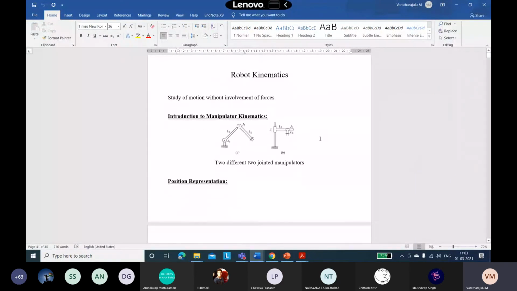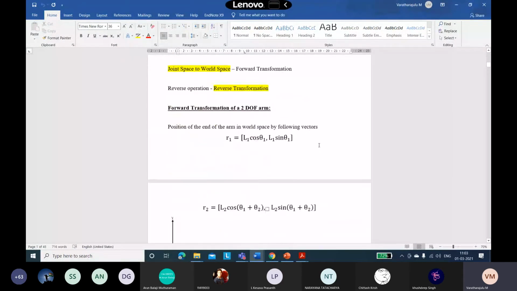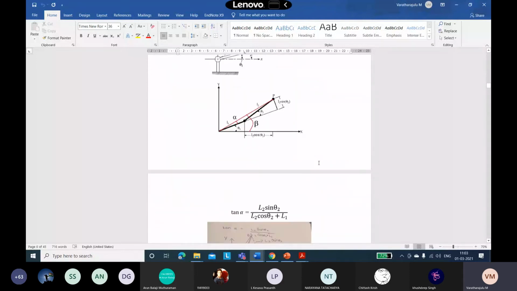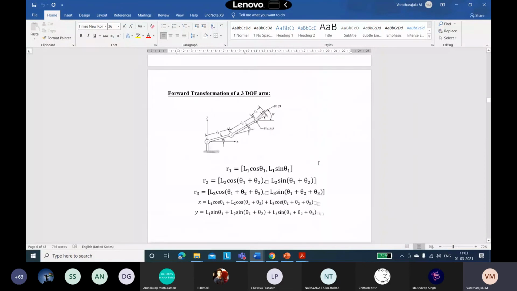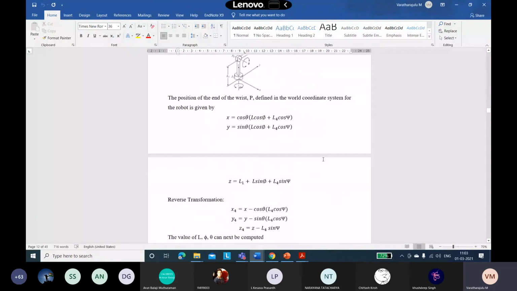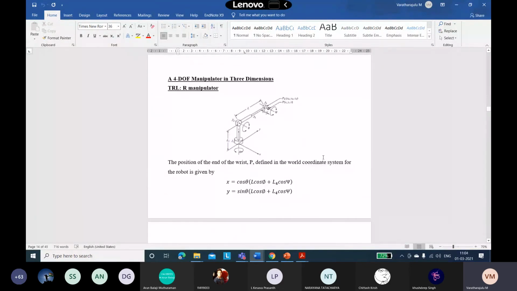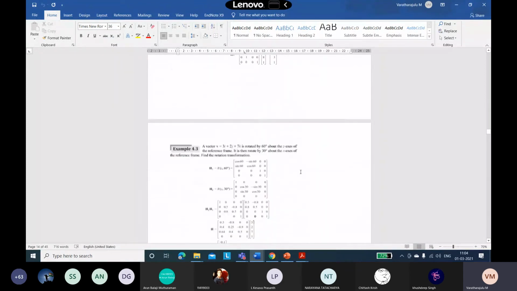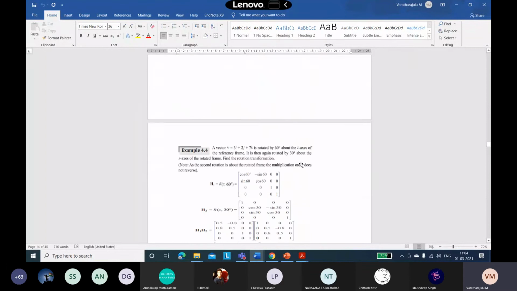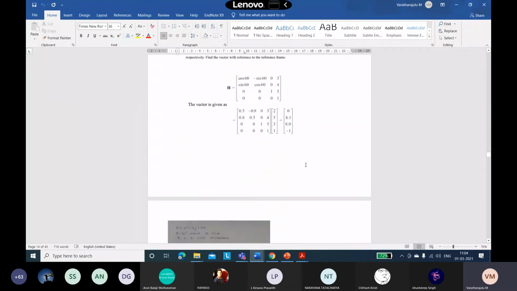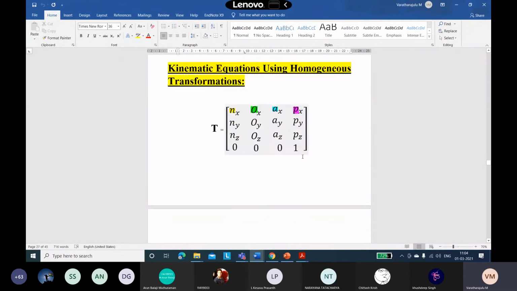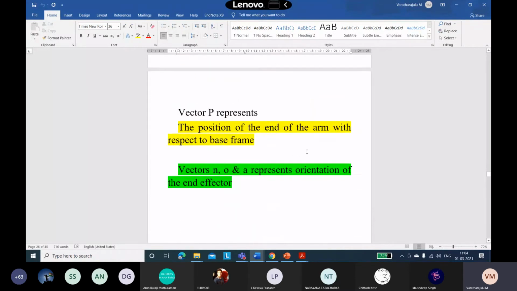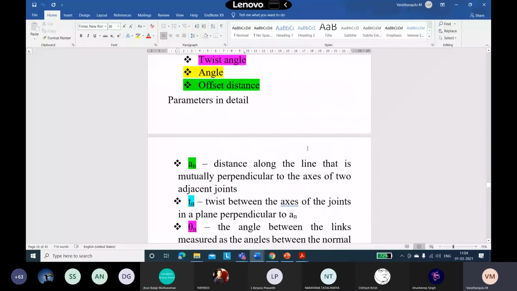This is what we have seen in robot kinematics in the last few days: two-dimensional transformation, three-dimensional transformation, degrees of freedom, the manipulator, mathematical calculation related to the end effector manipulator, and kinematic equations using homogeneous transformation, and the DH convention at the end.